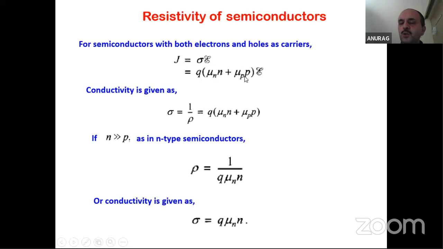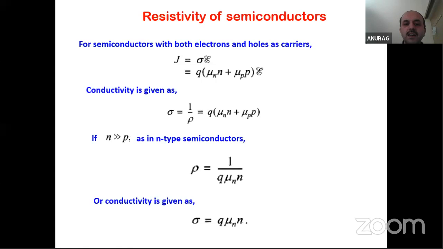Mobility of holes is usually lower, by a factor of maybe at most 10 times or something like that. But in the same piece of semiconductor, n and p can have many orders of magnitude variation, depending upon the value of n. So we have to follow np is equal to ni square. Ni square is a fixed value for a particular semiconductor at a constant temperature.